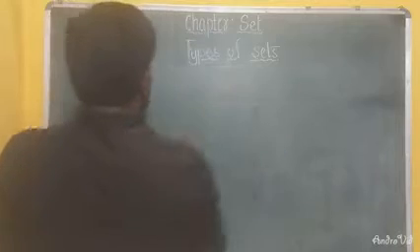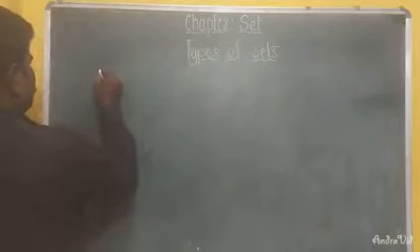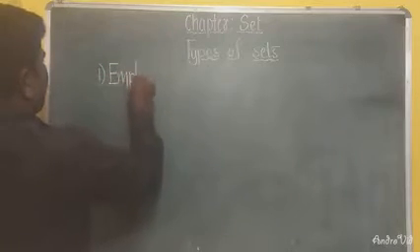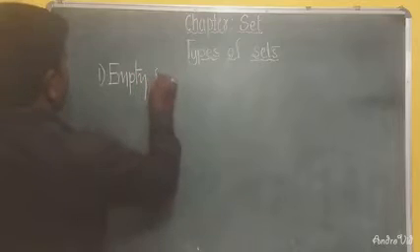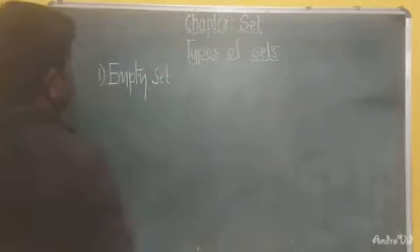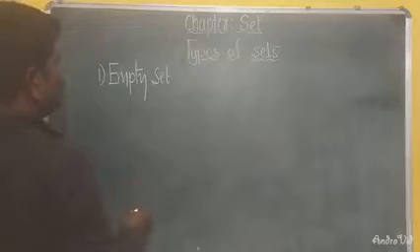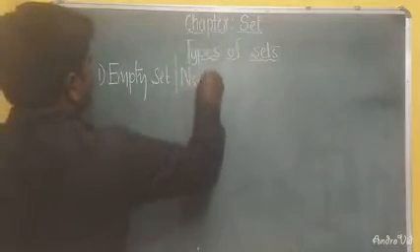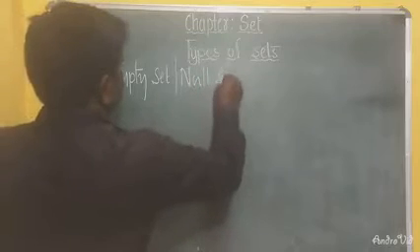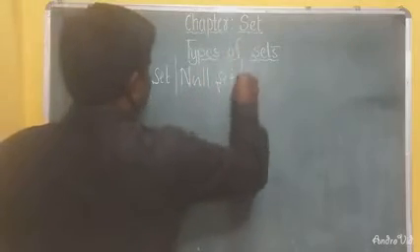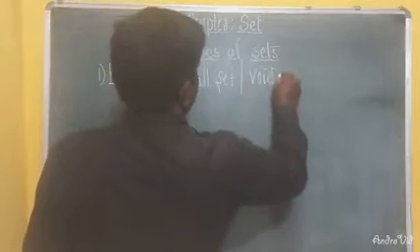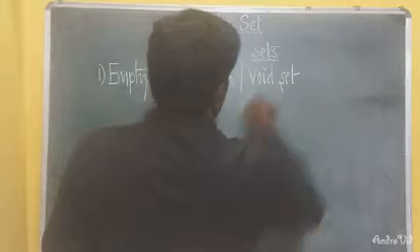This is the first set, empty set. As the name says, empty, it is also called a null set in some textbooks, and in some textbooks they name this a void set.